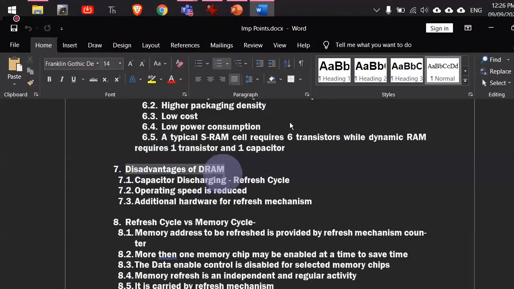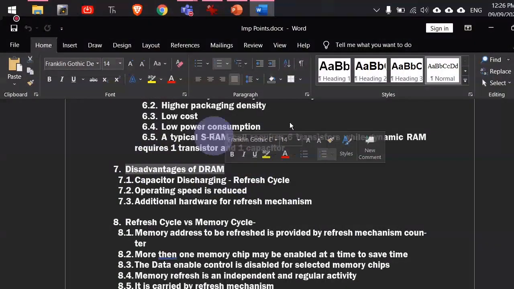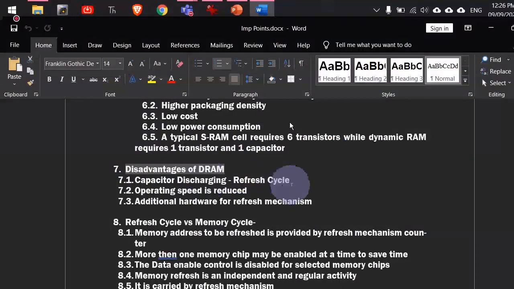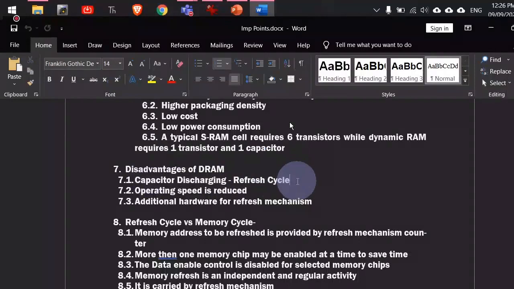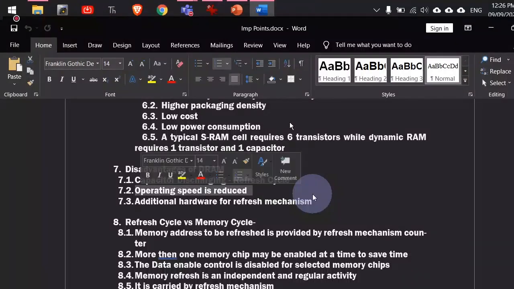However, the disadvantages of dynamic RAM are these. The capacitor discharging refresh cycle has to be there, and that requires additional hardware. Then the operating speed is a little bit reduced, not to an extent that we compromise the performance of our program, but reduced as compared to the cache memory.